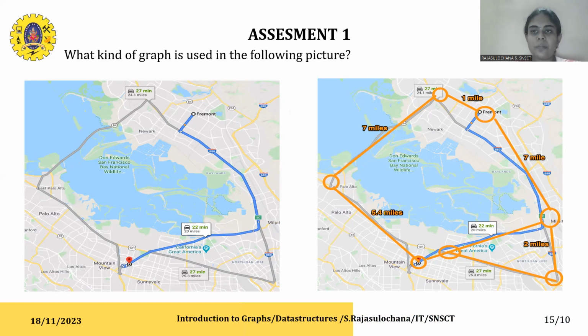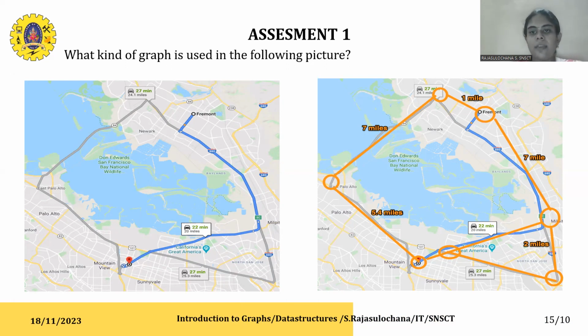The difference you can observe is that in the first graph the edges are simple, whereas in the second graph there are some values mentioned for each edge. The first graph is called an unweighted graph. If there is no value specified for the edge, such a graph is called an unweighted graph. On the other hand, if there is a weight mentioned for the edge, such a graph is called a weighted graph.